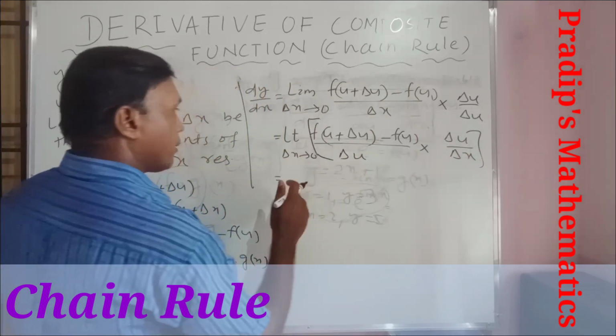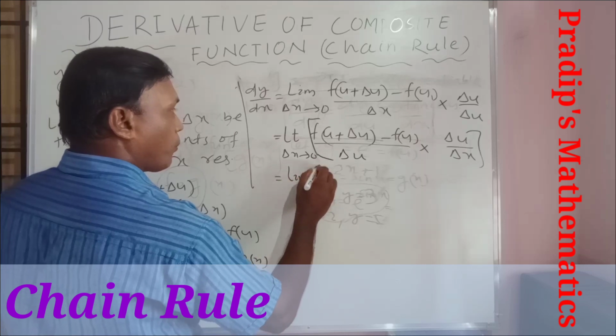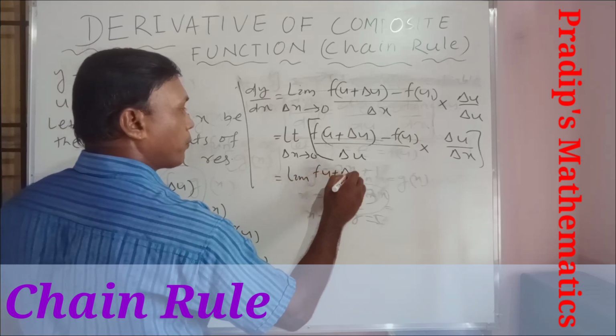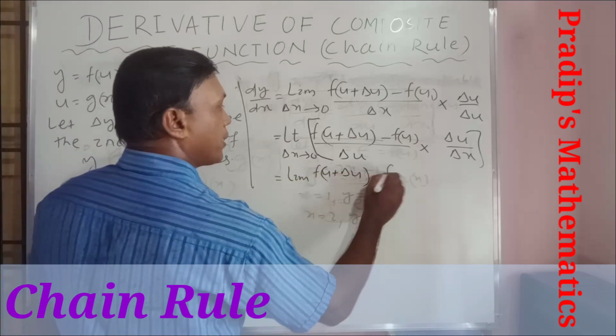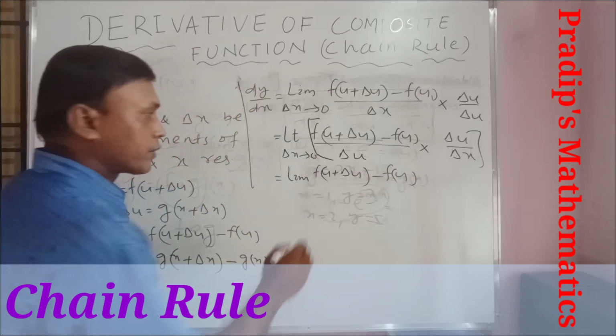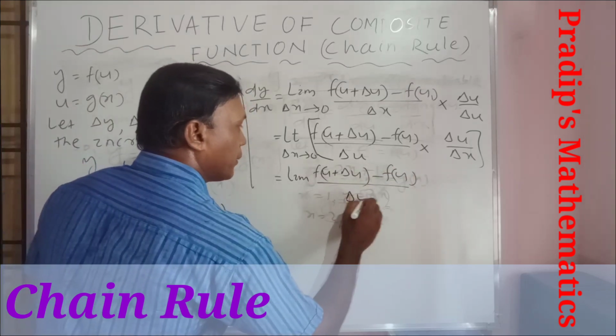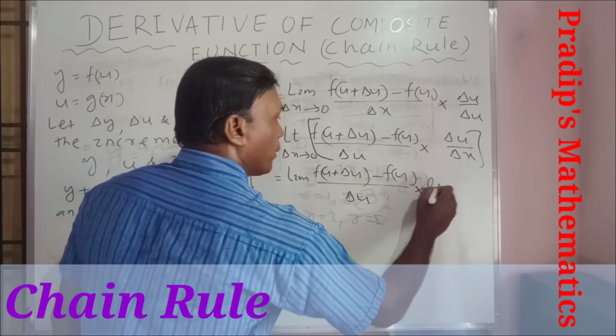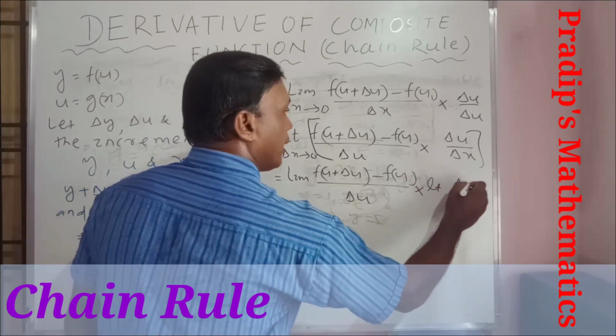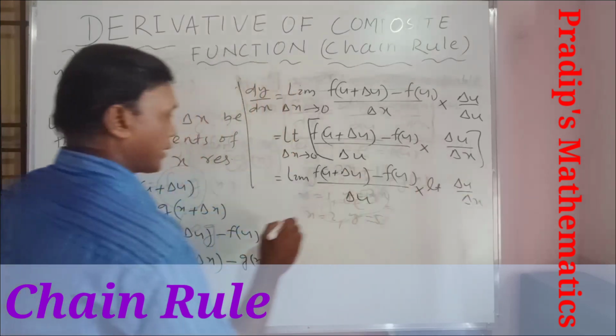First limit of this means limit of f of u plus del u minus f of u by del u into limit of del u by del x.